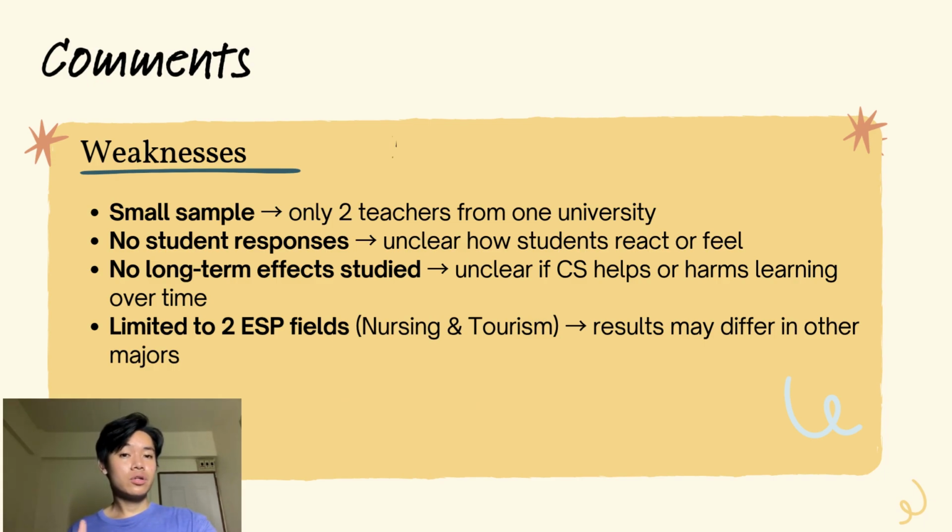We still don't know the answers. And finally, it only focused on two ESP subjects, nursing and tourism. But if we look at other areas like business English or engineering English, we might see very different results because the teaching content and terminology are different.